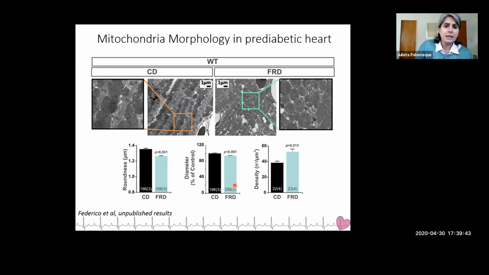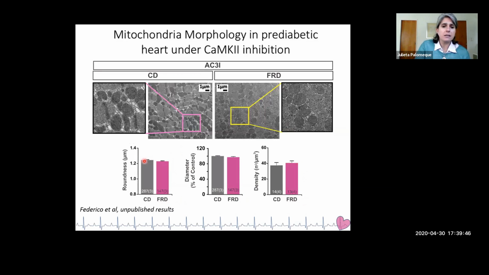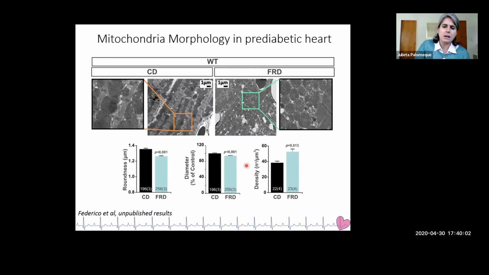Again, in the AC3I mice, there are no changes in these parameters, indicating that maybe CaMKII is involved in these changes. And because we see these results, and because the mitochondria seem to have more calcium inside, we thought that maybe a fission process is occurring in this model.